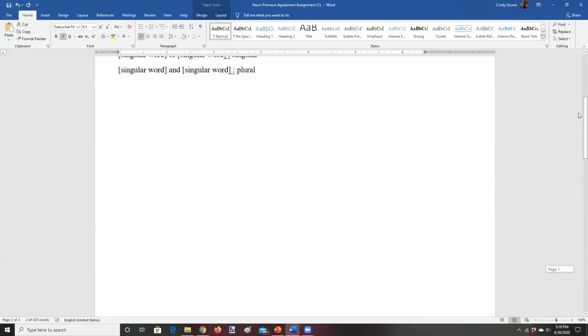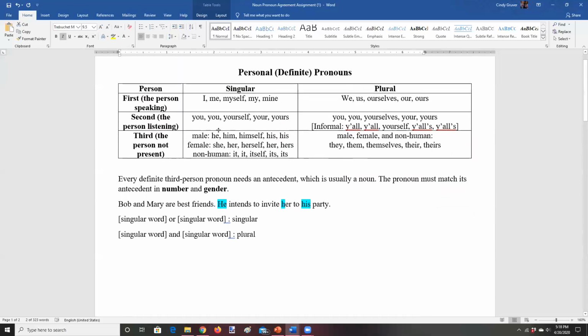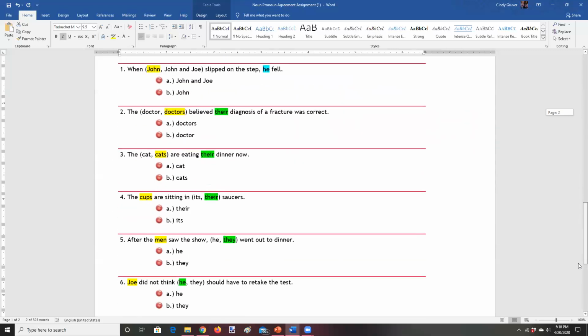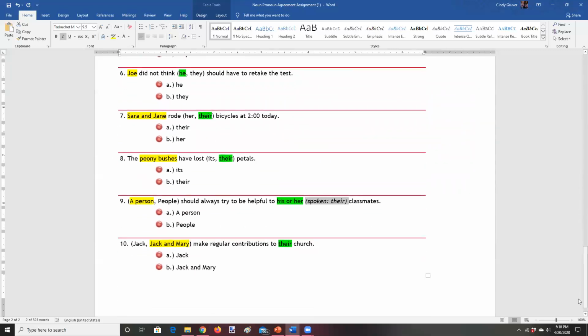It's left open. We don't have a form here that is gender neutral. To refer to the person, a human being, by using "its" would be, number one, highly ambiguous. No one would really understand what you're doing. And it would also be insulting. A person should always try to help its classmates. That doesn't sound right at all.